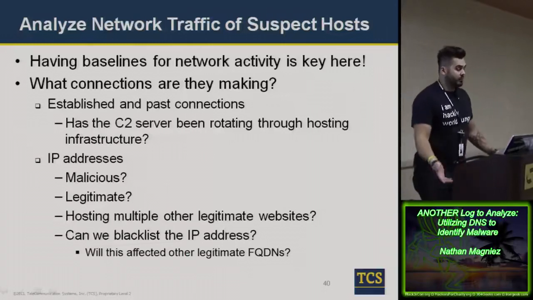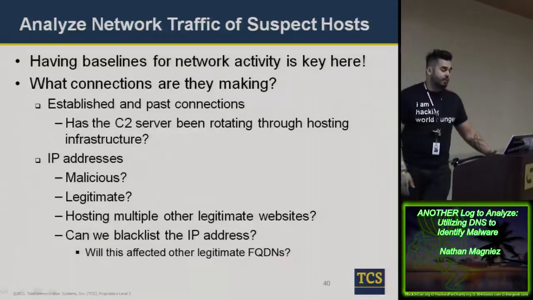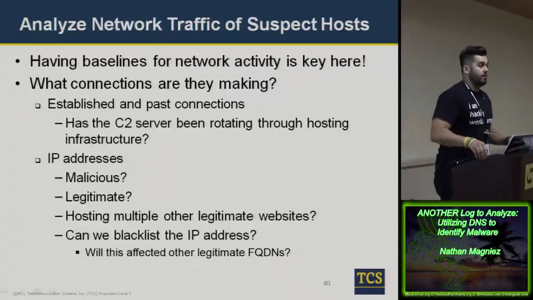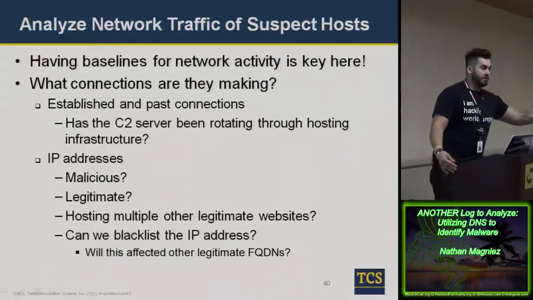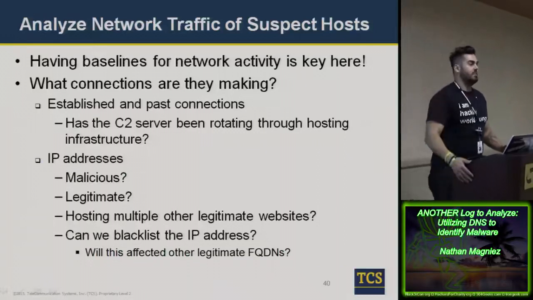What were they typically doing? Established and past connections, so that's very important here. The C2 server, is it rotating through a hosting infrastructure? So we see it connecting out to one place, and then we see it connecting out somewhere else on the internet, right? It keeps rotating through.